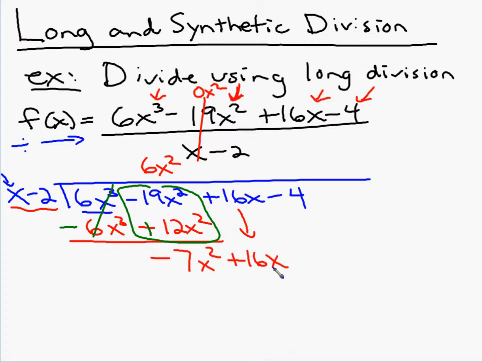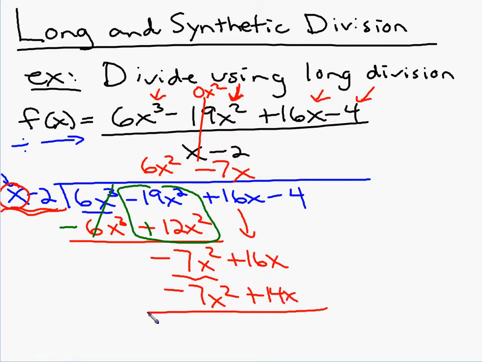And now I ask, what do I have to multiply x by to get negative 7x squared? Isn't it negative 7x? So I will put a negative 7x here, and I'll multiply that again by this x minus 2. So that will be negative 7x squared plus 14x.